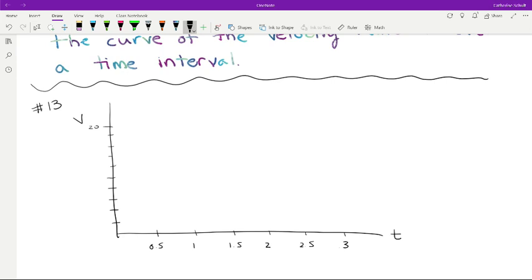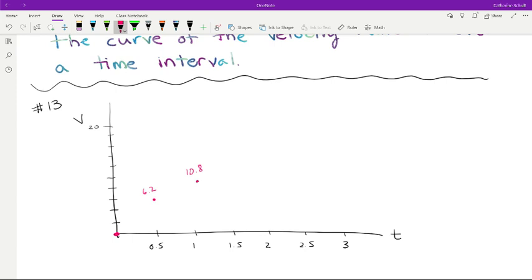Okay, and then let's just quickly recreate our chart. We have 0, 0 as the first one. At 0.5, her velocity was 6.2, somewhere around there. At 1 second, it was 10.8, so that was the velocity, 10.8 feet per second.